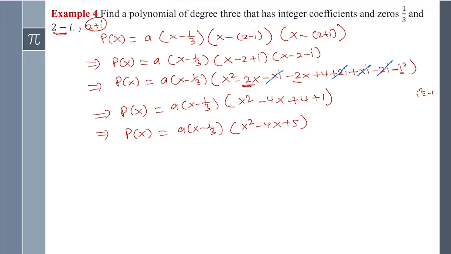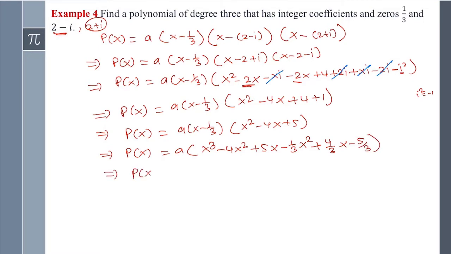Now we can multiply those two factors. So p of x equals a times, when we multiply this, we get x cubed minus 4x squared plus 5x. Then when we multiply by negative 1/3, we get minus 1/3 x squared plus 4/3 x minus 5/3. Now let's combine the like terms.